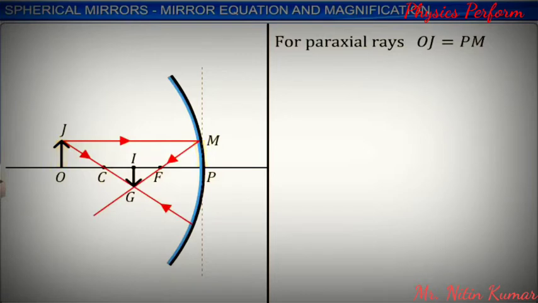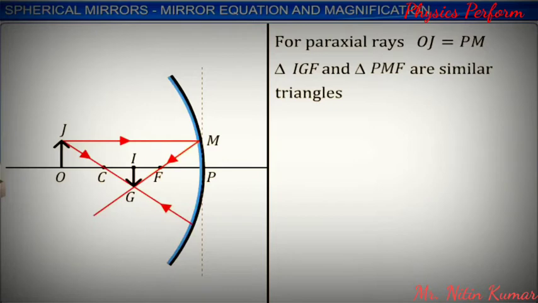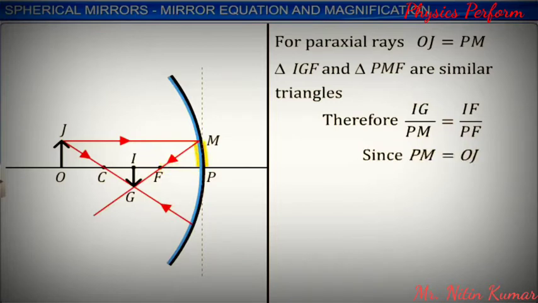Now observe the ray diagram. As triangles IGF and PMF are similar, we can write IG by PM is equal to IF by PF. Since PM is equal to OJ, this can also be written as IG by OJ is equal to IF by PF. Let this be equation 1.